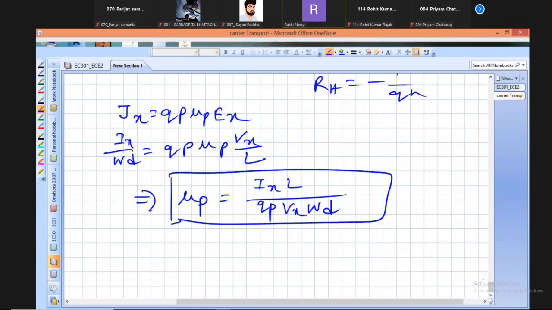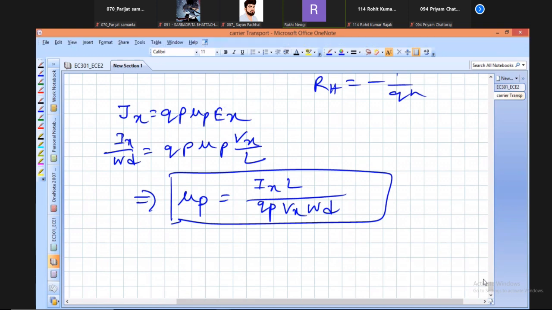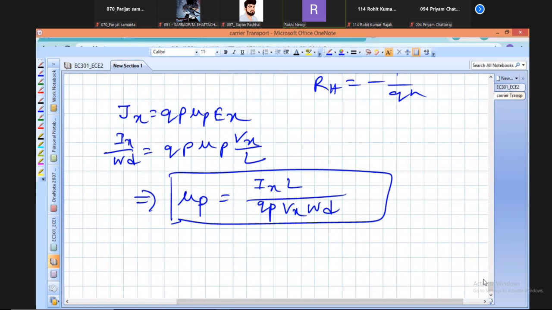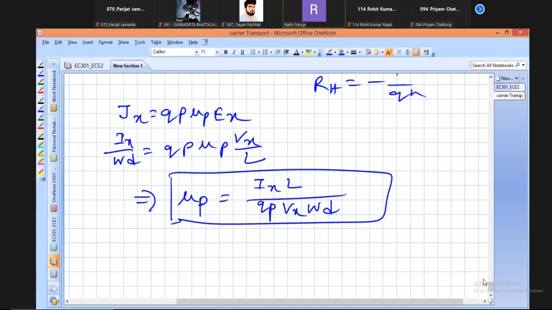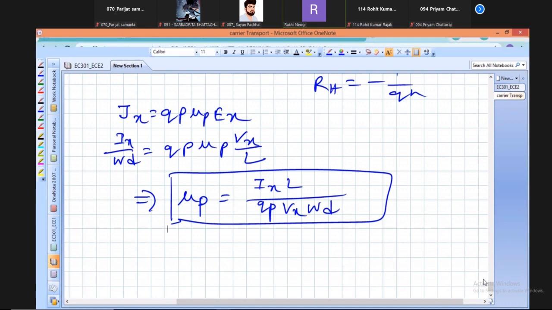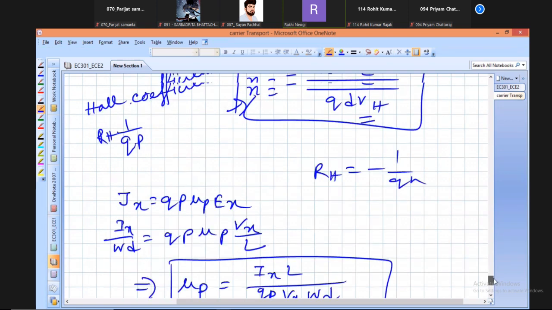Ix can be measured. L is a known length dimension. W and D also belong to the dimensions of the semiconductor, so they can be measured. Q is known, 1.6 into 10 to the power minus 19 coulomb. P was already calculated by using this expression.